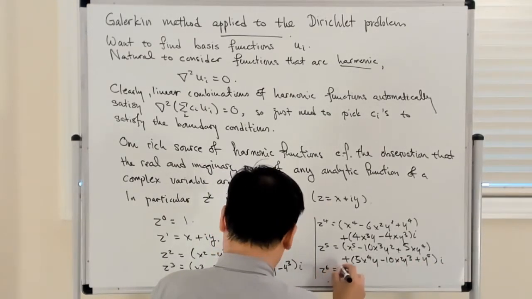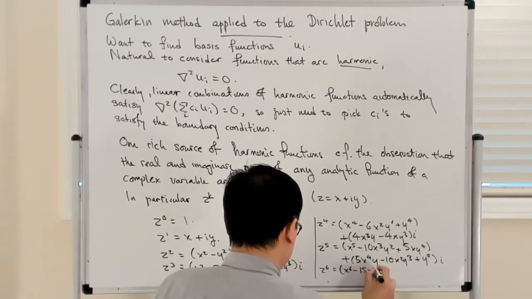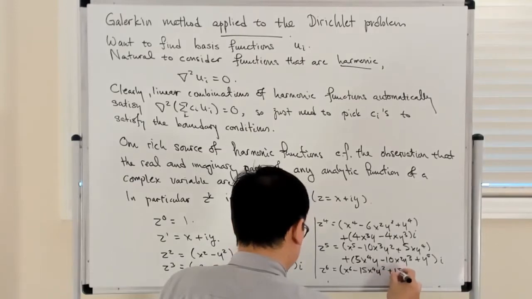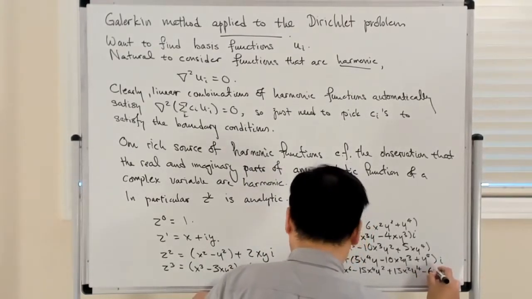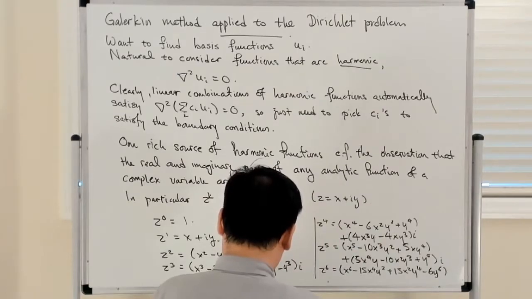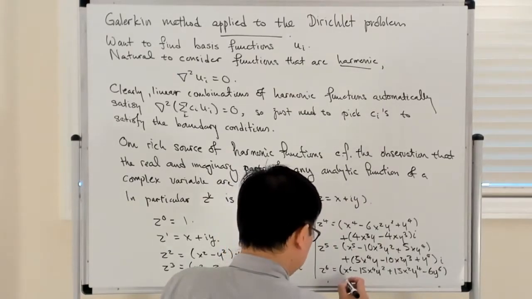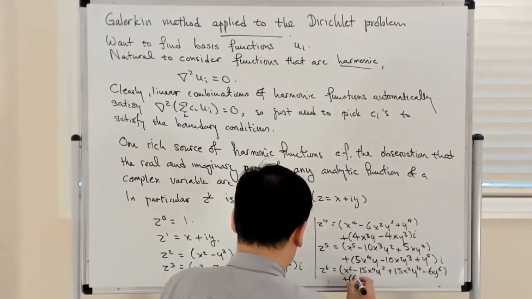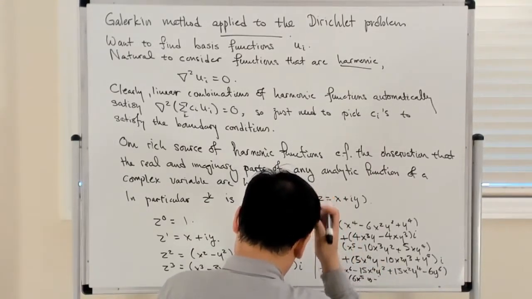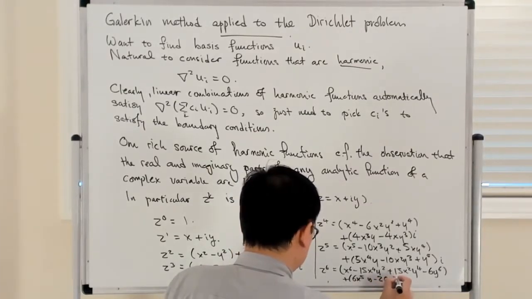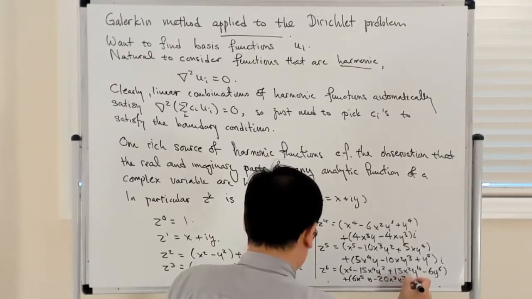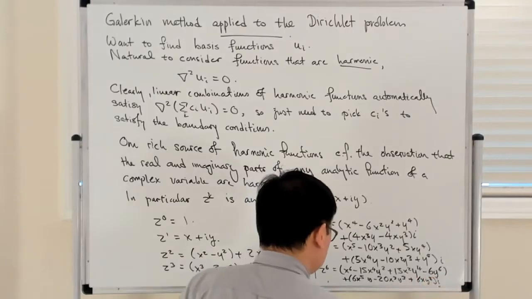And then z to the 6 is x to the 6 minus 15x to the 4 y squared plus 15x squared y to the 4 minus y to the 6, plus (6x to the 5 y minus 20x cubed y cubed plus 6xy to the 5) i.